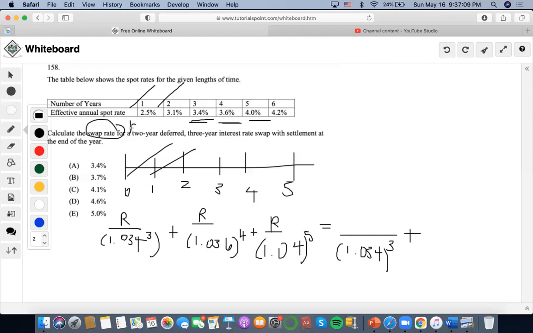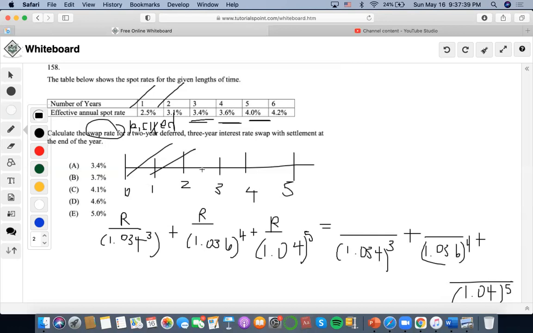That means R, or it could also mean the fixed rate, right? In other words, let's find R. Now, let's set up the equations. Now the other side is going to have to deal with the floating rate, right? So how would we find the floating rate?